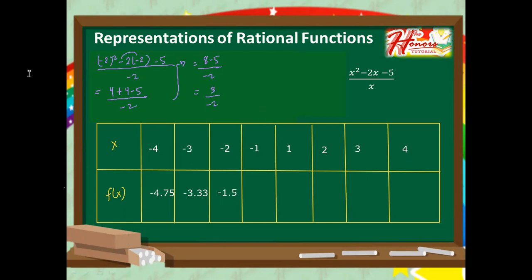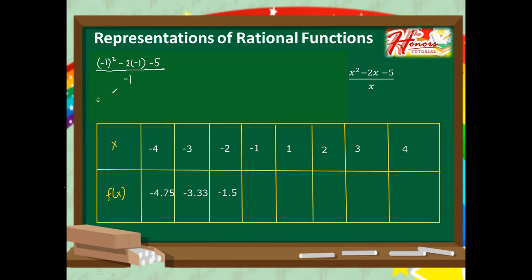Next, let's have negative 1. So we have here negative 1 squared minus 2 times negative 1 minus 5 over negative 1.